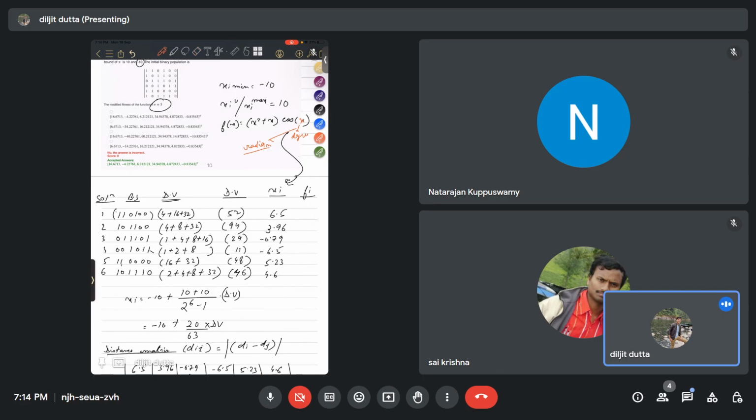I think this value is coming as 16.1. Or let's calculate for each of these.